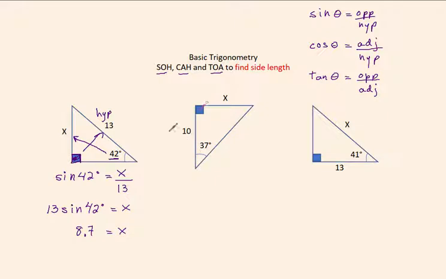In my second case, I'm looking for the opposite side to my angle, but I'm not given the hypotenuse. The hypotenuse is unknown. I'm given the adjacent side length here as 10. So adjacent and opposite can only be found using TOA.